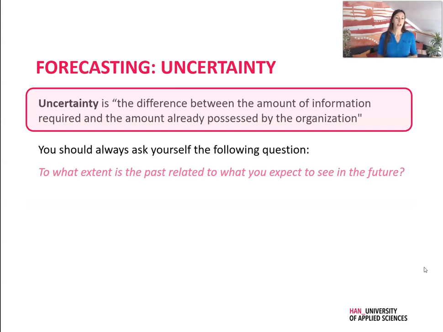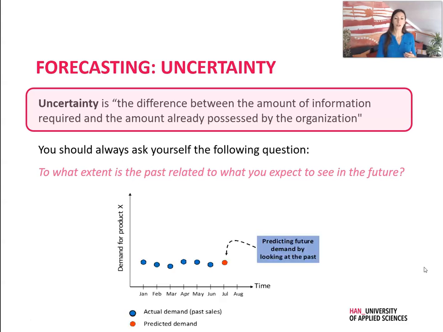So when you're forecasting, you should always ask yourself, to what extent is the past related to what you expect to see in the future? When we go back to the original graph we had at the beginning of this video, the question is, how accurate is this information from the past going to reflect what we expect to happen in the future?